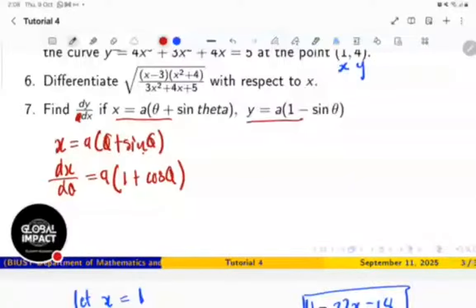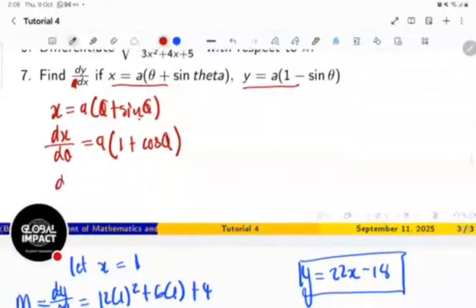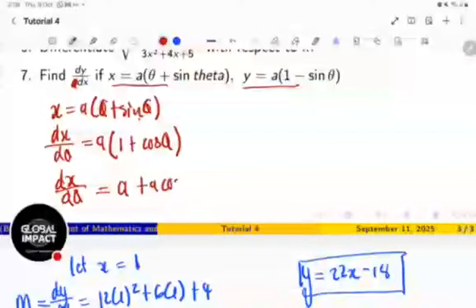The derivative of sine theta is cos theta. Anyway, you get your dx/d theta. So dx/d theta is equal to a(1 + cos theta), or if you want to expand, a plus a cos theta. It doesn't matter. Now you have y equal to a times (1 minus sine theta).